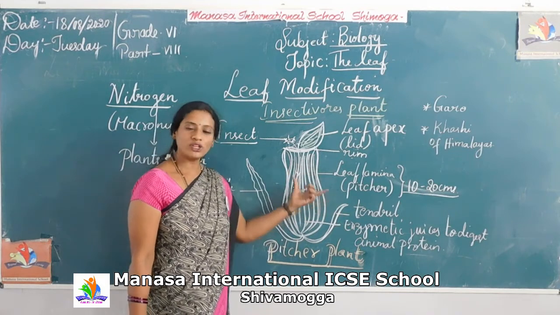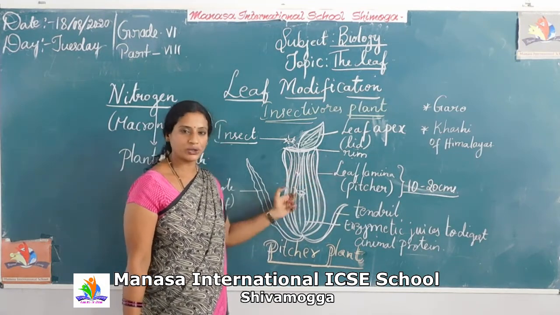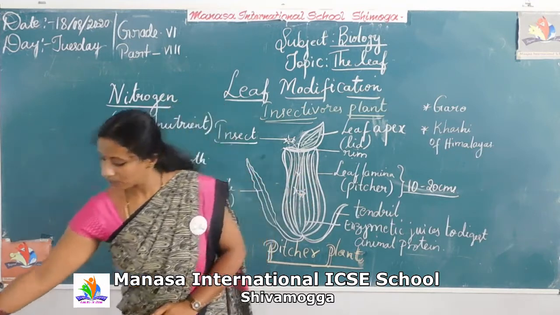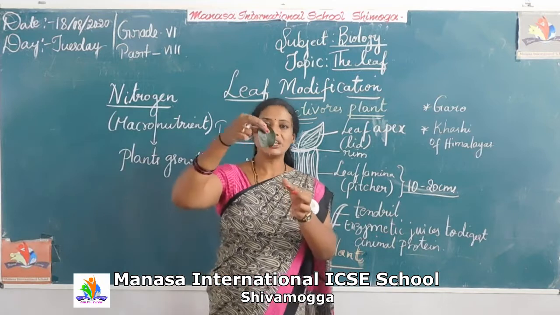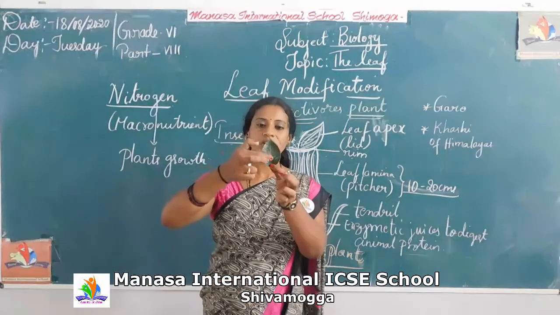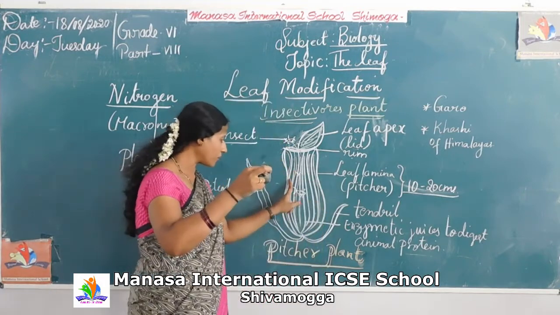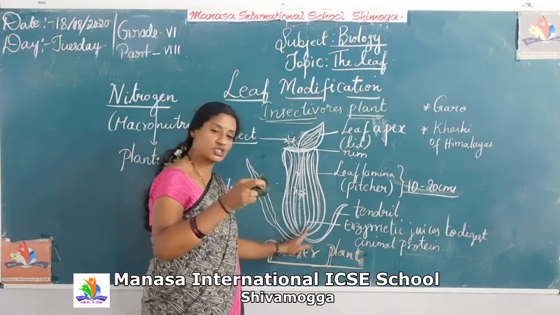Let me see which part of the leaf is modified into which part of this particular species. First we know this is a leaf, right? A normal leaf. So the leaf lamina is modified into the pitcher, the pot-like shape.